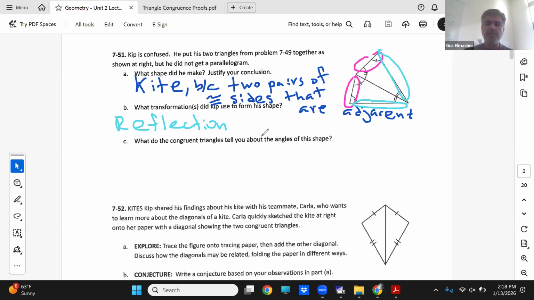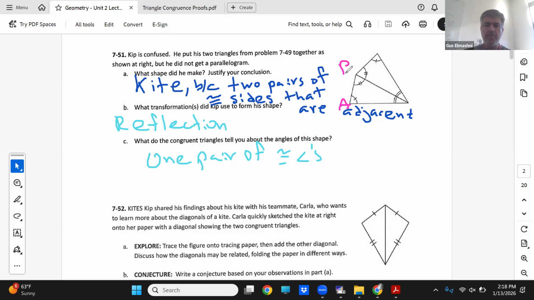Well, what we do know is that, yeah, so here's what you could say. You have one pair of congruent angles. Let me label it because it's being a little bit busy here.